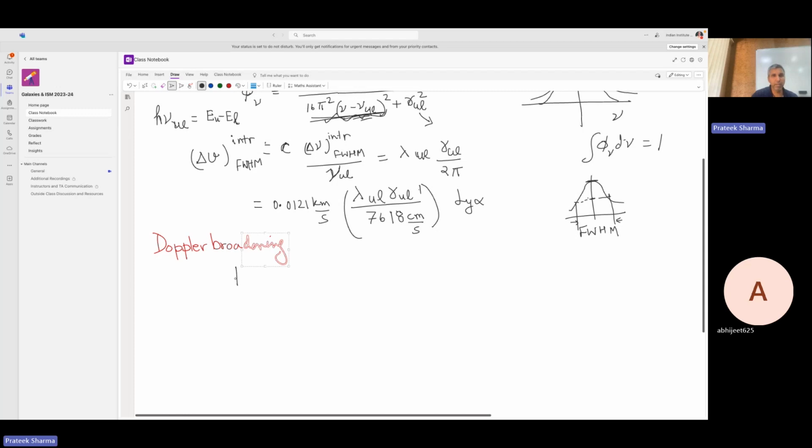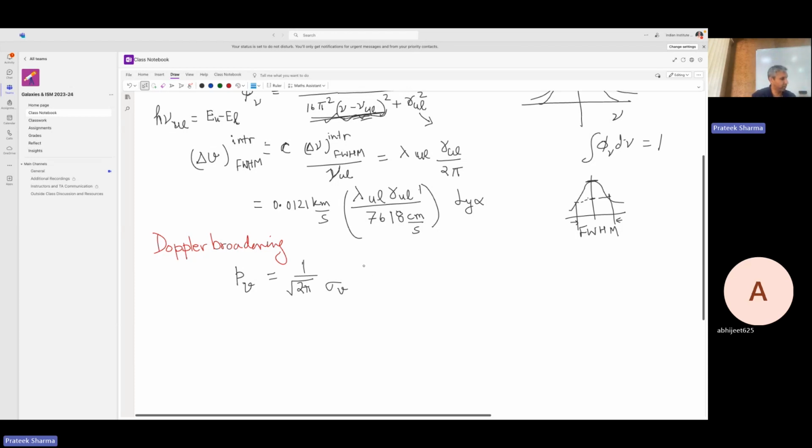So P(v) is equal to 1 by 2 pi sigma v. So this is just the PDF, the line of sight velocity distribution function corresponding to Maxwell-Boltzmann distribution.